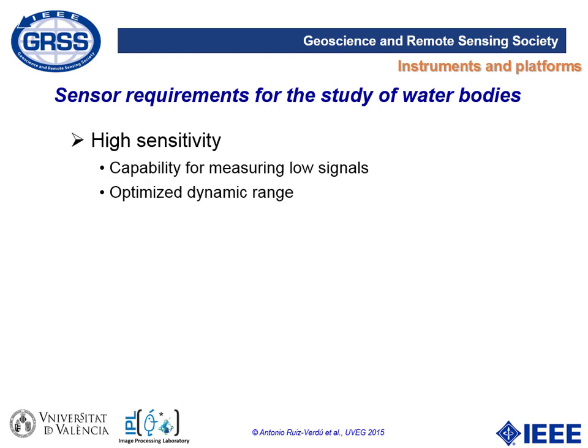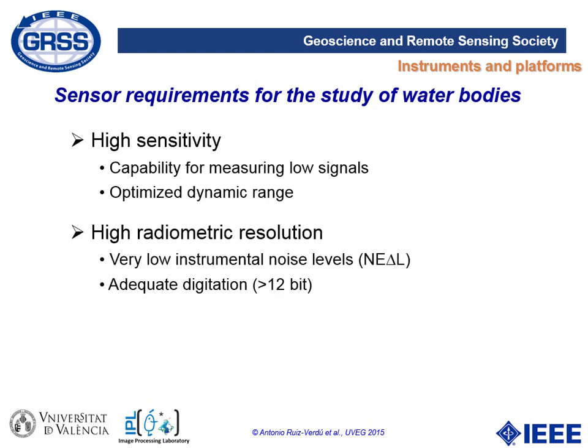As we saw before, the reflectances of water are typically low, the water-leaving radiances are typically low signals, and therefore the sensor should have a high sensitivity and the dynamic range should be optimized for this low range of radiances.